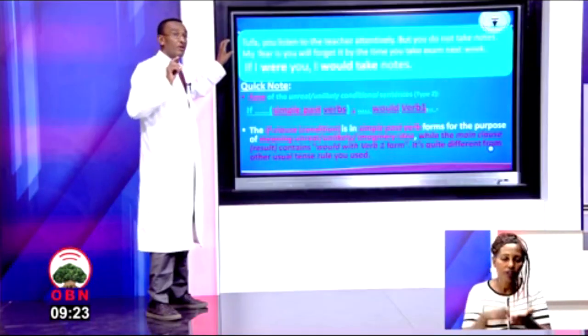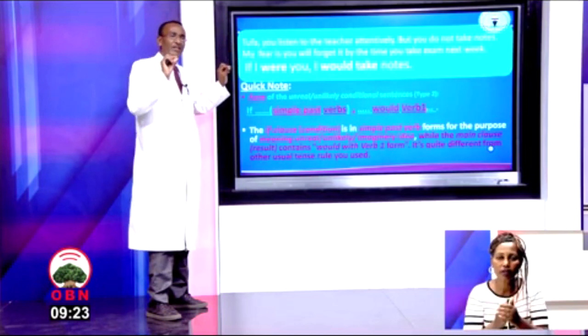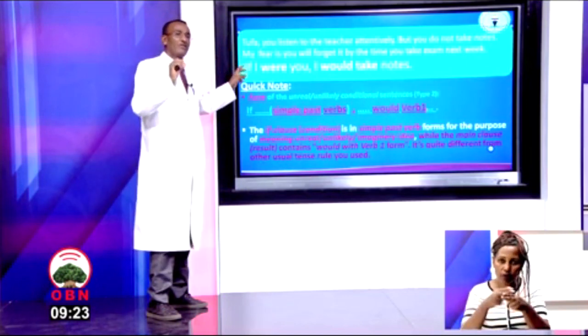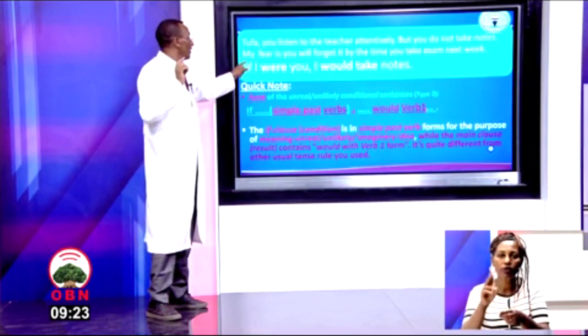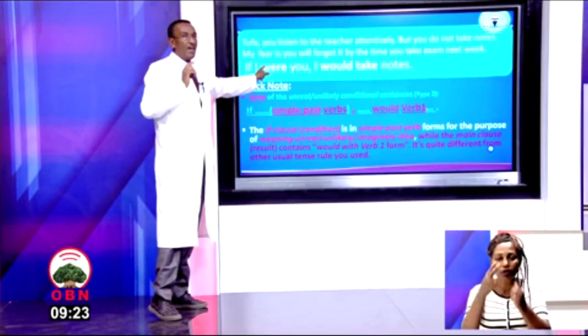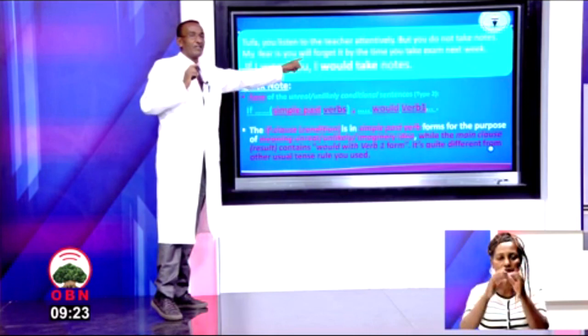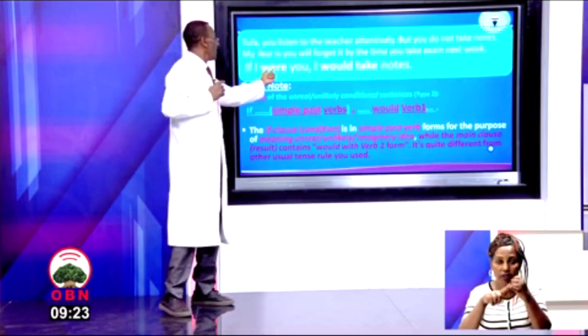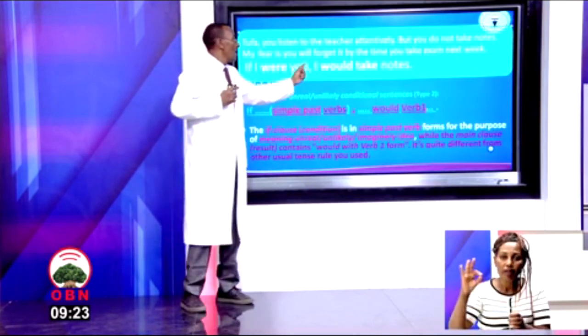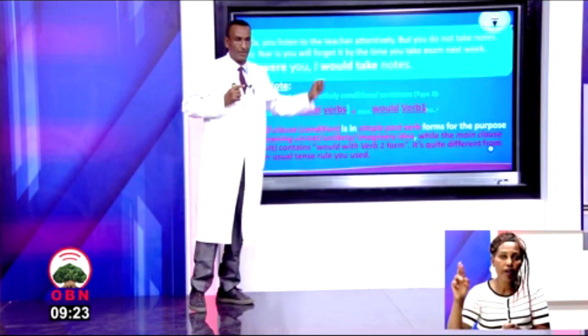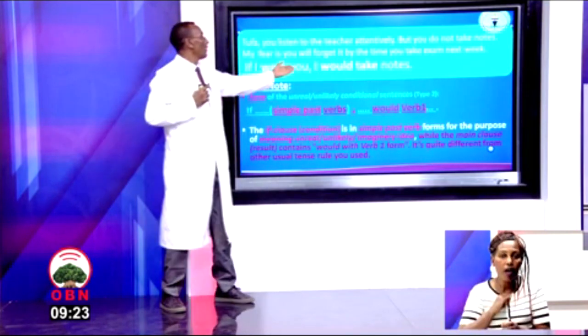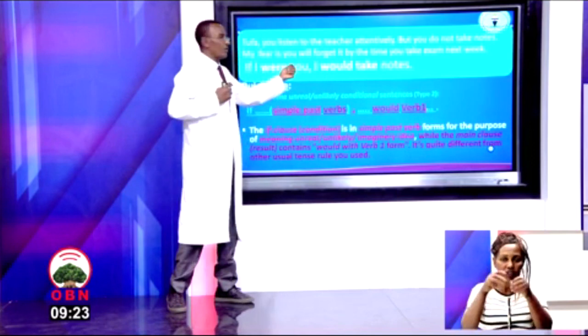This situation can be stated shortly using an if clause like this. Look at the tense in both the if clause and the result clause. If I were you, comma, I would take notes. Or I would take notes if I were you.